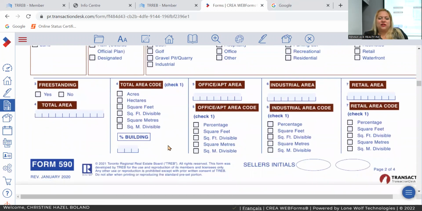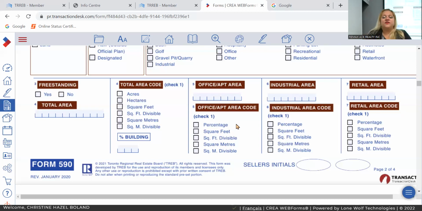They're going to ask you also not only what the size of the property is, but what the breakdown is. So I get a lot of questions about this. A lot of people ask me, office area, industrial area, retail area. Well, what does that mean? Well, for instance, say you have an automotive shop, but most of it is industrial area where they're doing the work on the body. But when the client comes in, they need a little bit of office space to come make their payment and talk to the mechanic.